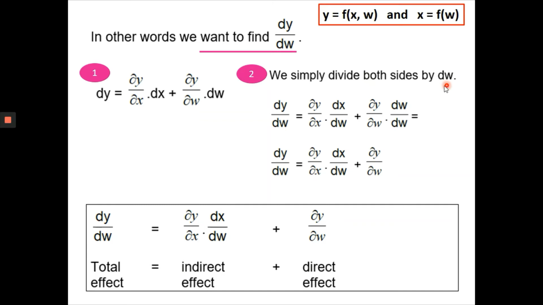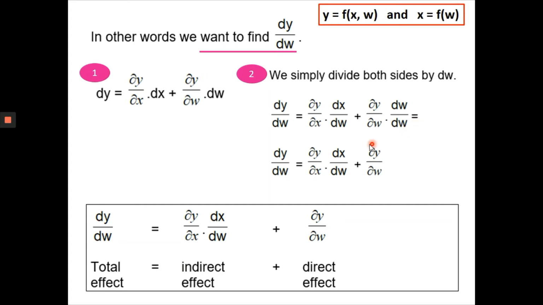So quite simply, if we take this differential and then divide through by dw, we end up with this here. All right, so each term we've divided by dw.